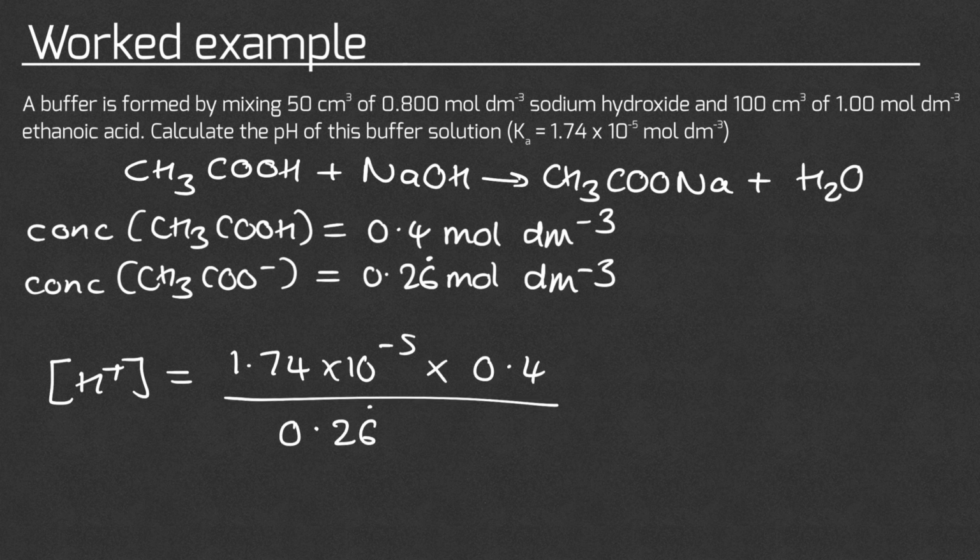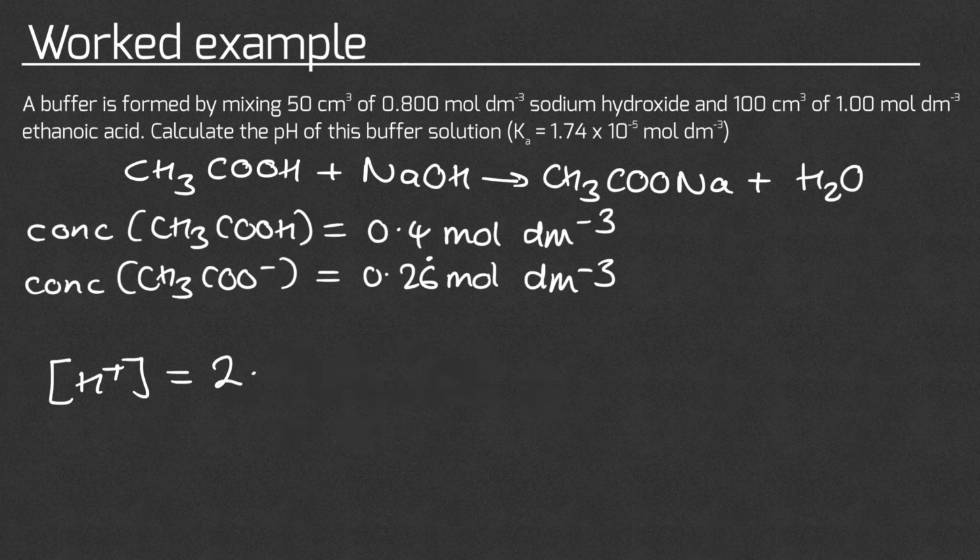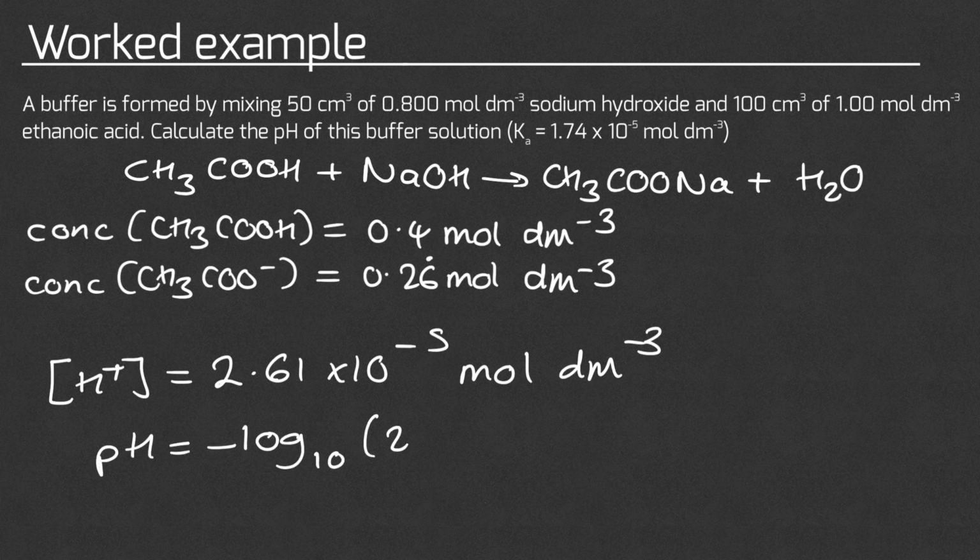So this is the equation with the values subbed in. And the value of the concentration of the hydrogen ions is 2.61 times 10 to the minus 5 moles per decimeter cubed. We now need to put this into our pH equation. Therefore giving us a final answer of a pH of 4.58.